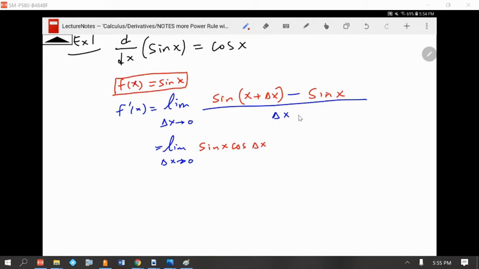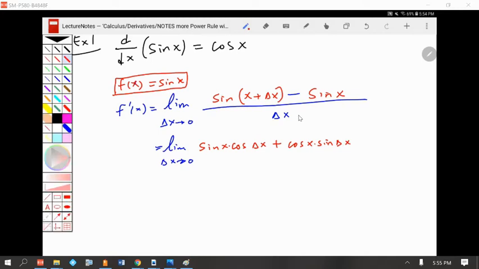The sine of x plus delta x is actually the sine of x times the cosine of delta x plus the cosine of x times the sine of delta x. Okay, and then there's a minus sine x all over delta x.